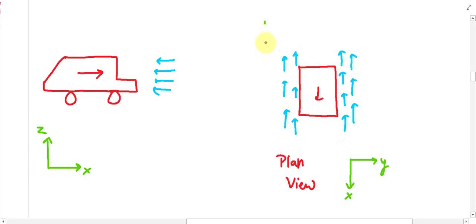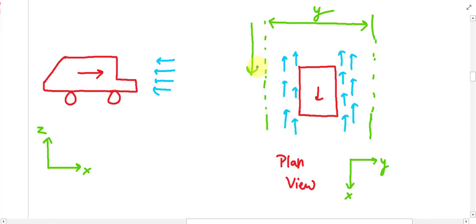Our road is like this. This is the width of your road. Remember that width of road is always found in the y direction, where length of road is always found in the x direction. So in the second step, it is saying that the side of the vehicle will be affected by the neighboring air, and this neighboring air on both sides will produce resistance to motion.